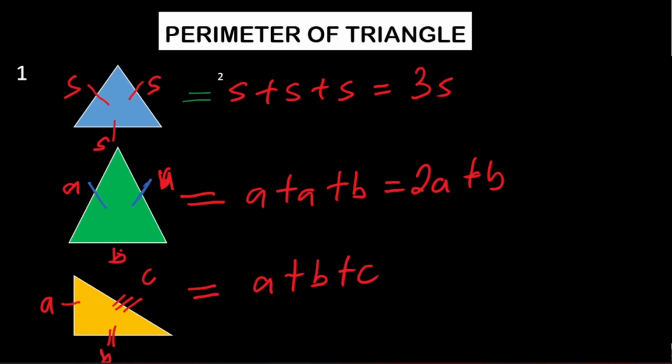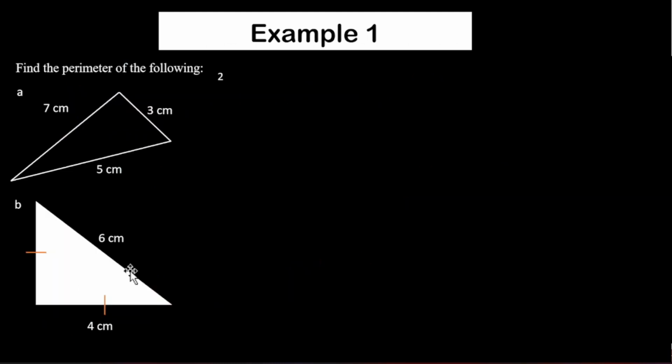So the next is we're going to look at examples on this before we move on. Find the perimeter of the following shape. To solve A, solution to A, you can see from here this side is 7.